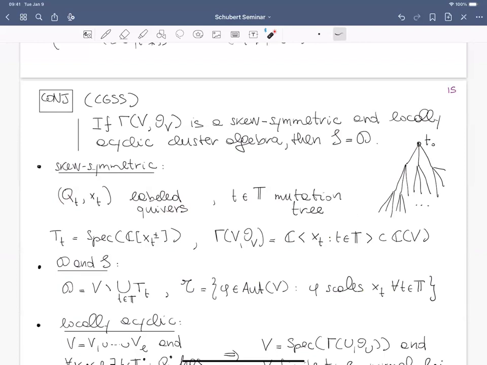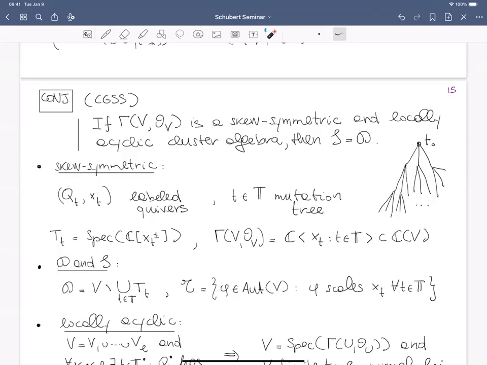And remember, besides mutating the quivers, we also mutate the labels, these rational functions. And so at each step, there is a torus associated to the quiver, which is the spectrum of the Laurent polynomial ring in the variables that are labeling the nodes.